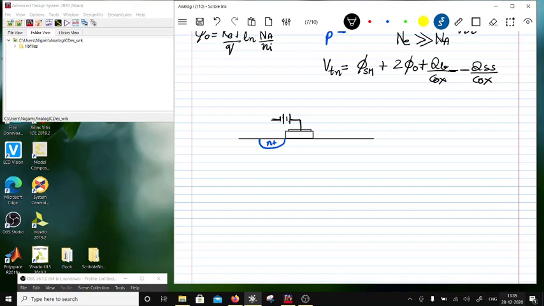So this is the source terminal and this is plus minus VGS. Now this is going to set up a vertical field. What about the horizontal field? I am going to have another potential here. This is VDS, plus minus, and this is connected to the drain terminal.